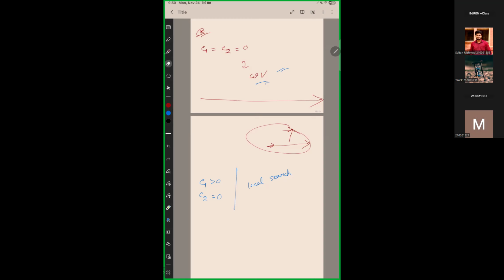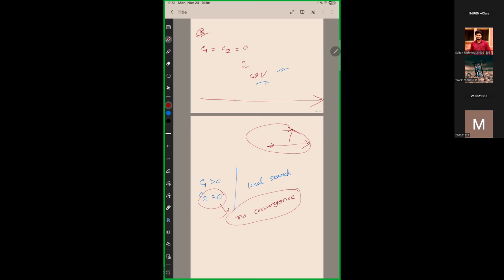If your C2 is 0, you are not going to get any convergence. You want at least most of the particles to converge at some point. That's your solution. Where most of your particles are at the end of the iteration, that's your solution, the global best. If C2 is completely 0, each of the particles is moving in its own random direction.